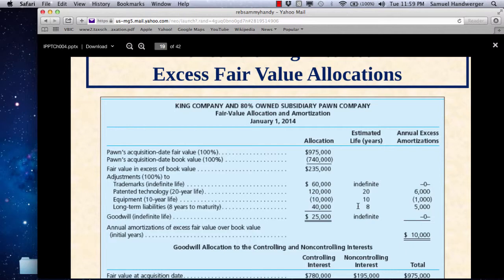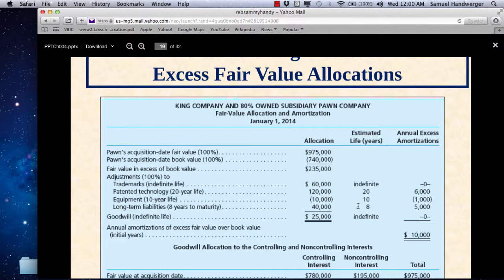The no brackets simply means this is really like a debit charge to the liabilities, and hence the liabilities are actually lower than the book value on the books of the subsidiary. The fair value of the liabilities in this case, with 8 years to maturity, is $40,000 lower.